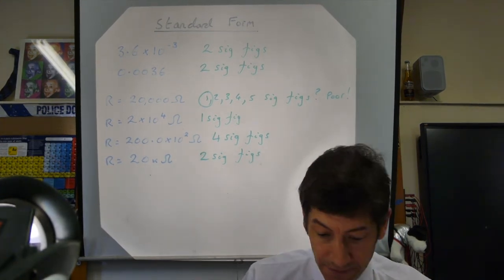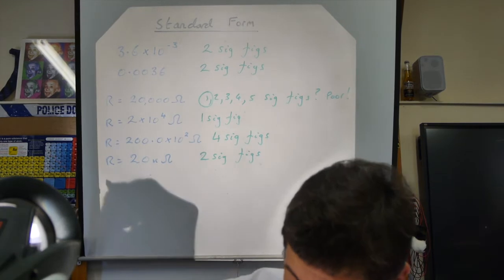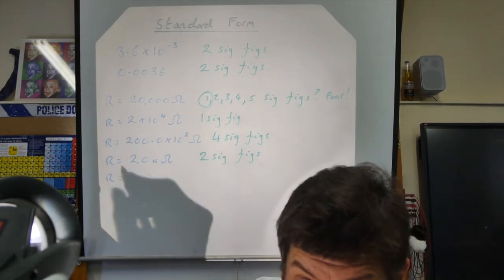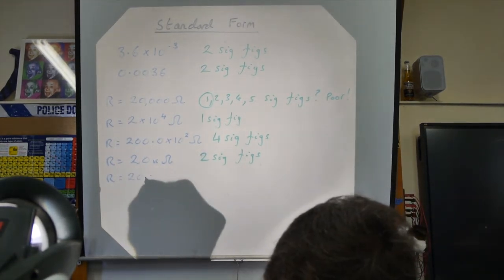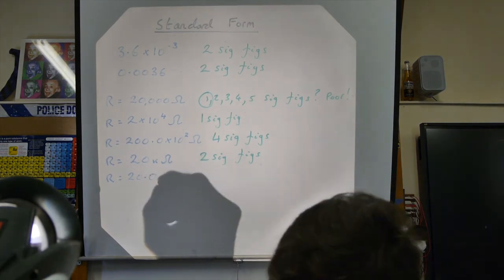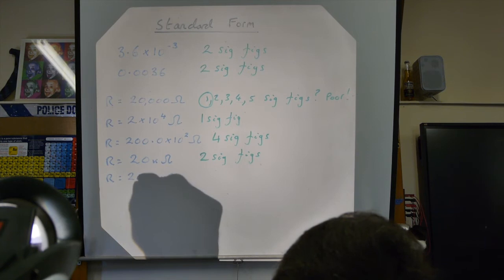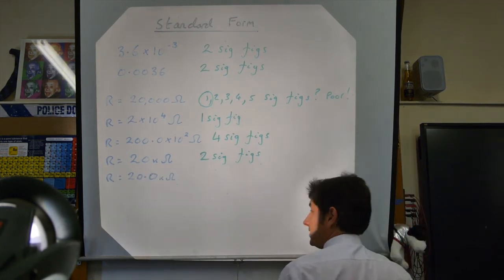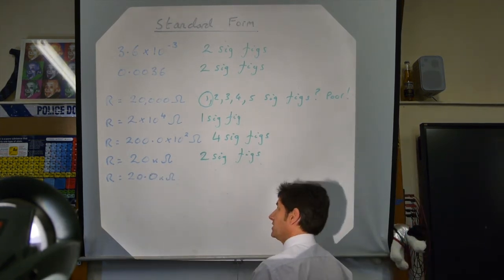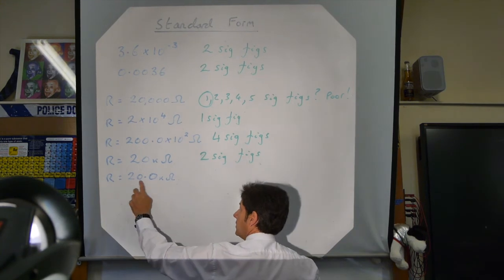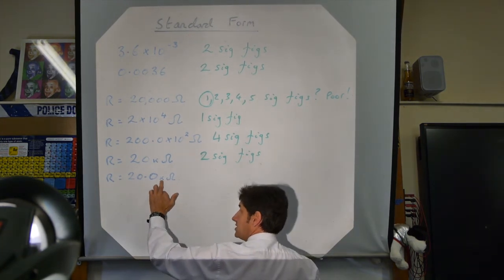And finally, what would happen if we did this? The resistance is 20.0 kilo ohms. Well, if this is getting a bit dull and a bit repetitive, great, because it means you understand it. There's our multiplier, the kilo times 10 to the 3.